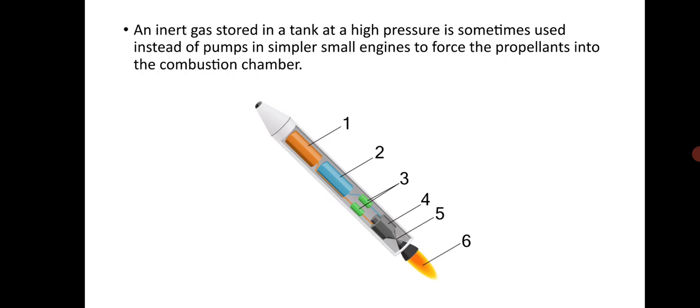After mixing of this fuel and oxidizer, the combustion starts in the combustion chamber. After that, the high pressure and temperature gas leaves the combustion chamber to the nozzle, and the nozzle increases the acceleration of the flow, and the thrust is generated in the nozzle.